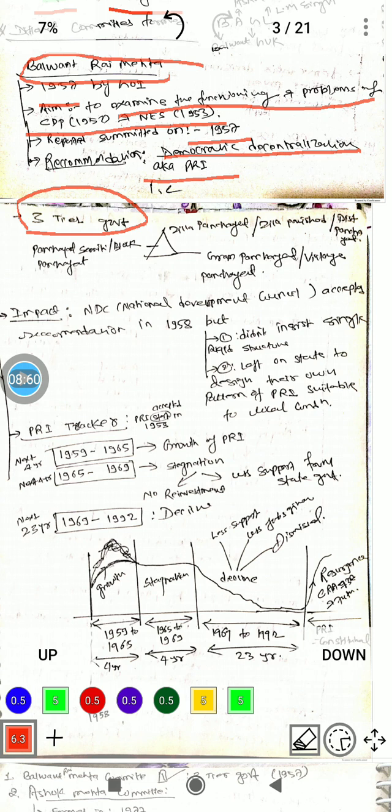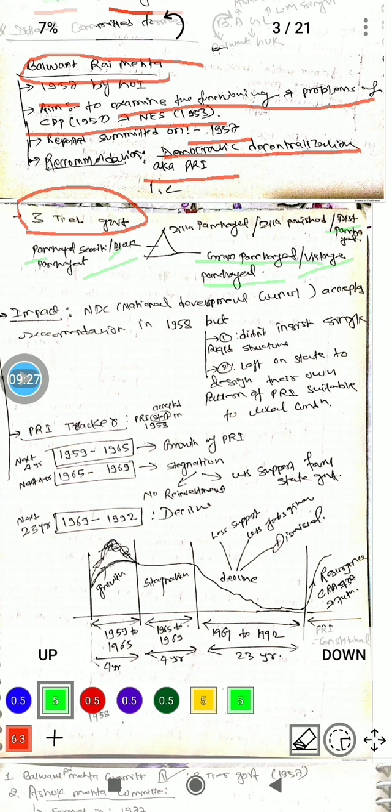The three tiers mean there will be a government at the level of the village, at the level of the block, and at the level of the district. There will be the Gram Panchayat or village panchayat at the village level, then the Panchayat Samiti or block panchayat at the block level, and the Zilla Panchayat or Zilla Parishad at the district level.